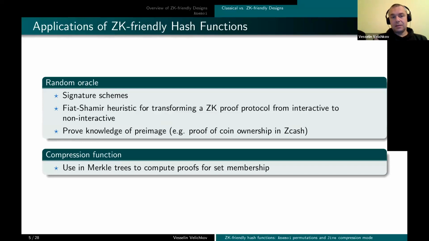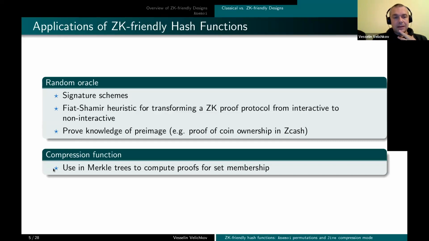And in that transform, you are also extensively using hash functions. Or, for example, proof of knowledge of a preimage. So you want to prove that you know the preimage of a certain hash without revealing this preimage. For example, proof of coin ownership in Zcash. These are some applications under the random oracle-like class.